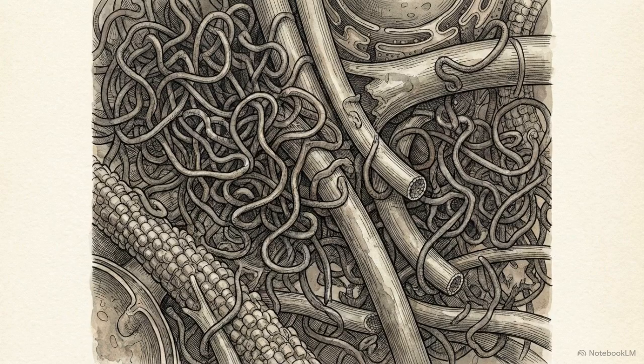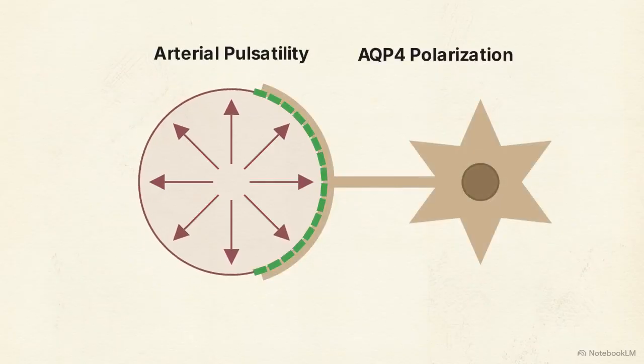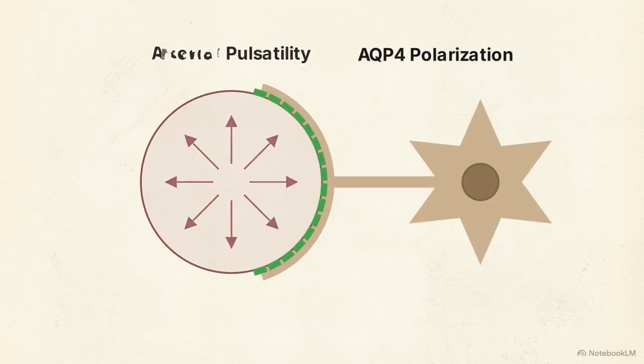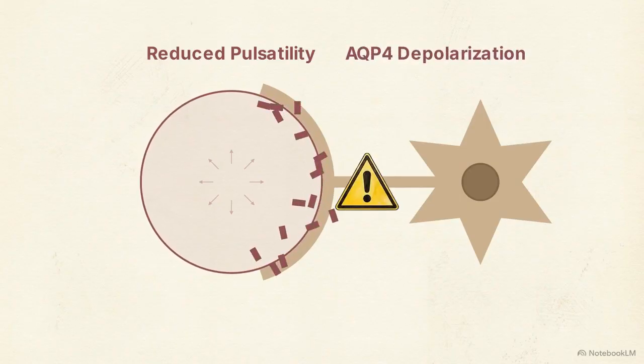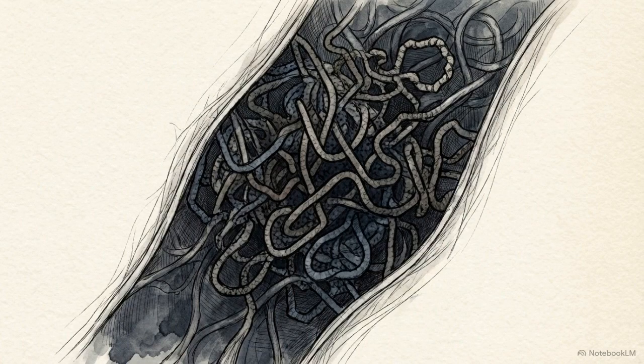The burden of misfolded proteins increases due to genetic mutations and environmental stressors, while the network's capacity diminishes through factors like reduced arterial pulsatility and AQP4 channel depolarization. This imbalance causes a cascading retrograde failure. Local degradation pathways stall, allowing highly resistant, insoluble protein inclusions, aggregosomes, to form.